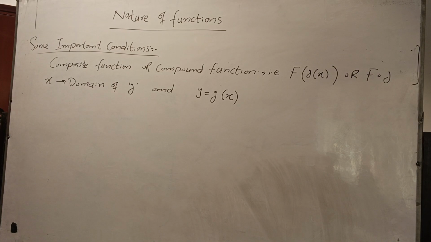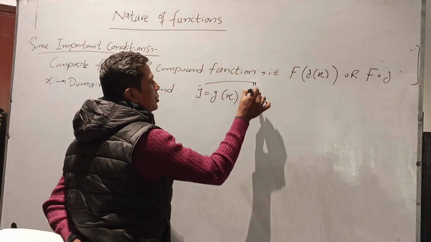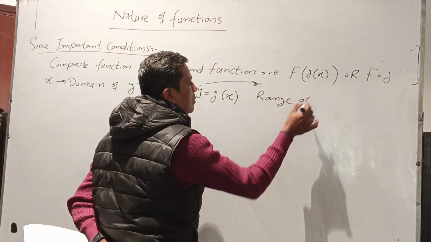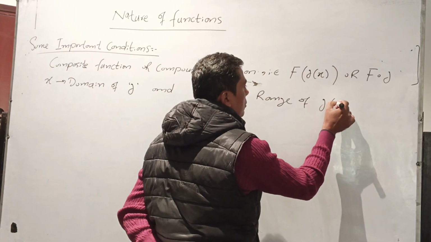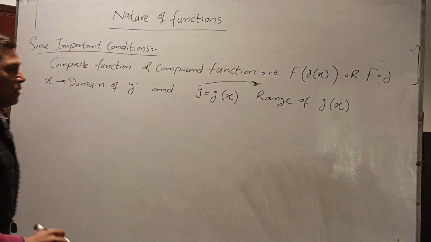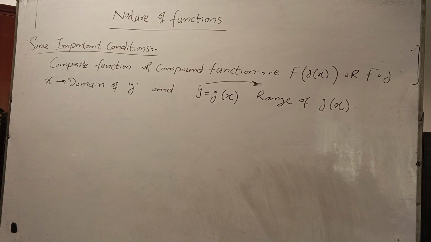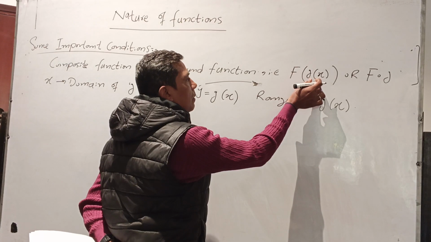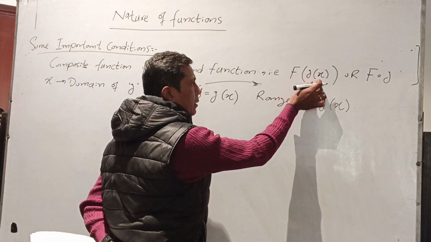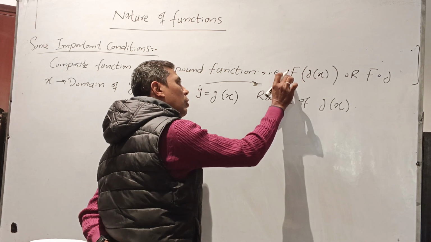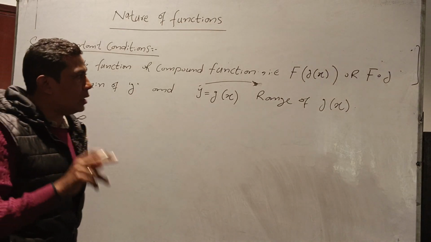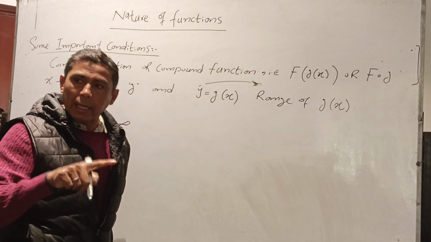So y will be the range of that function, the range of the function g(x). Ultimately, the range of this function will be the domain of function f. Am I right? The range of this function will be the domain of function f.